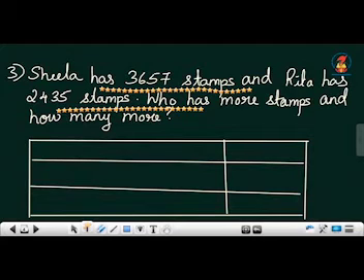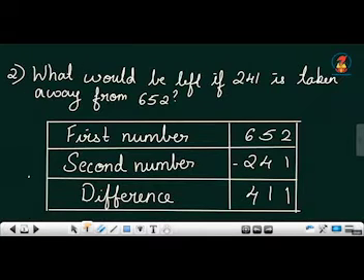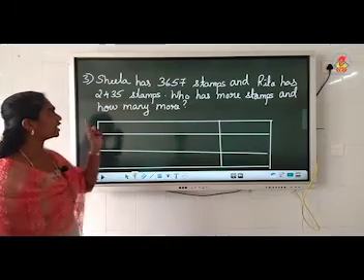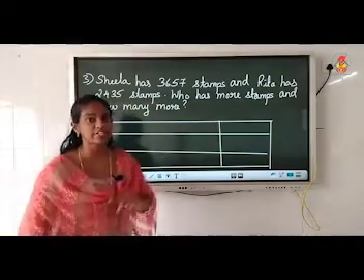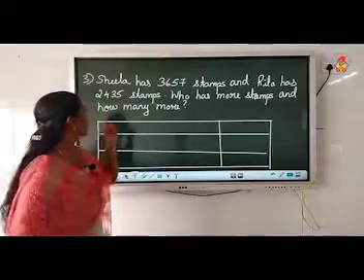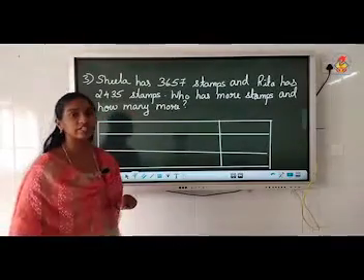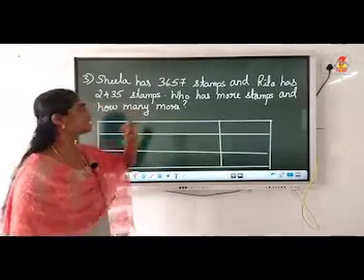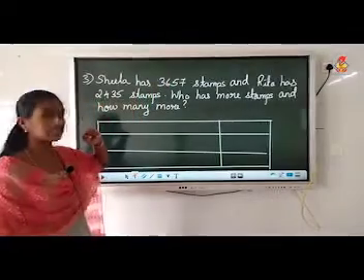Who has more stamps and how many more? That is a question. Sheila has 3657 stamps. Rita is having 2435 stamps. Who is having more? Yes, Sheila is having more. She is having more than Rita, isn't it?